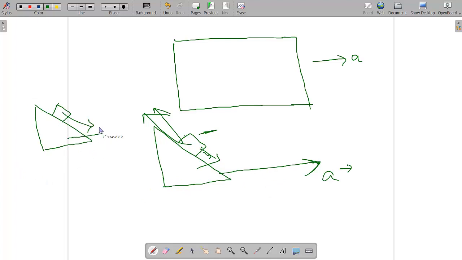But if you move this incline faster in the horizontal direction, this block may hold from falling down. It will initially slow its speed, and later on this block will topple from this side. Understood?